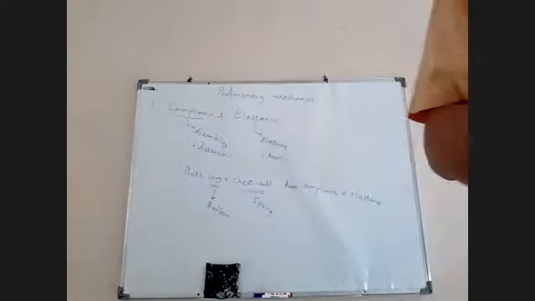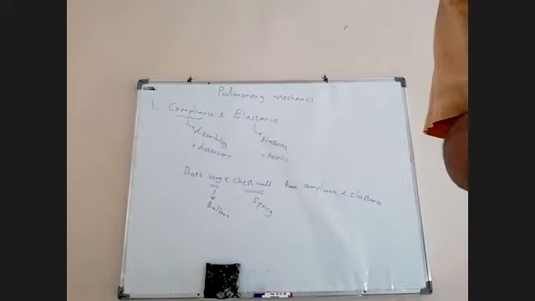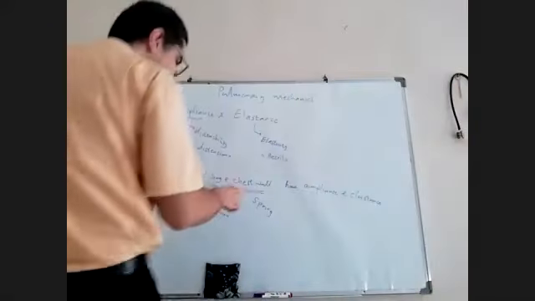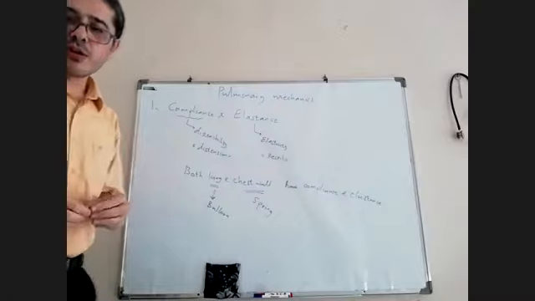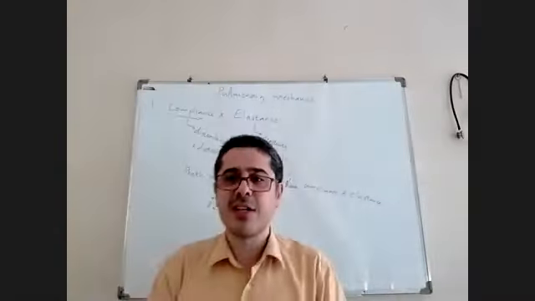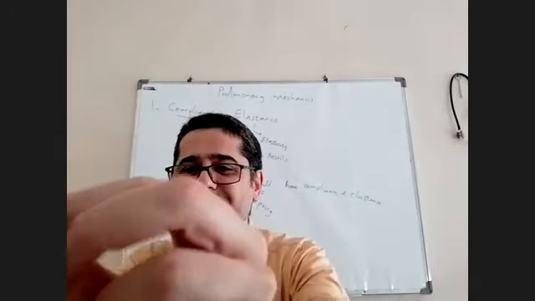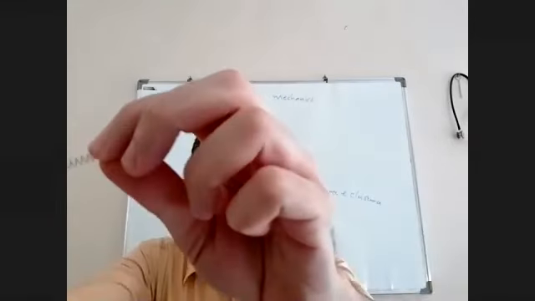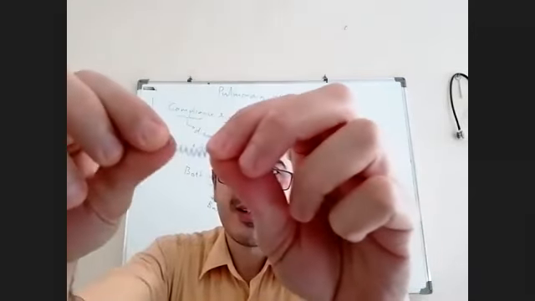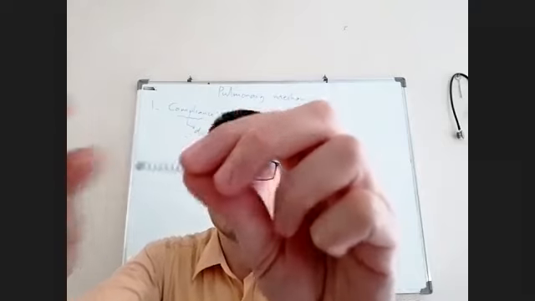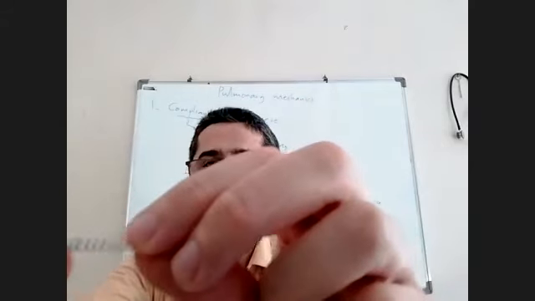If I come to the chest wall, it is different. The chest wall is like a spring, so it has compliance and elastance. This is the spring. Yeah, it is small. Unfortunately, I don't have a big spring. I try to bring it close to the camera. Again, it has compliance and elastance.